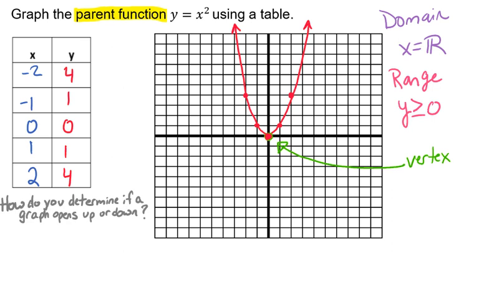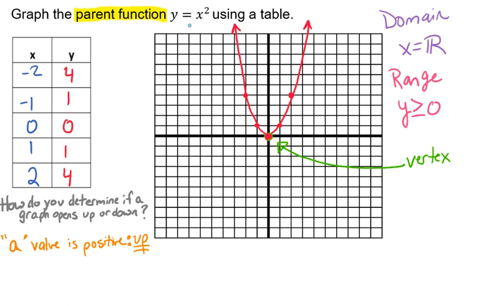So if you look at your a value, recall that the quadratic function looks like y equals ax squared plus bx plus c. We can gauge it all off of our a value. If that a value is positive, then it will open up, like we see here.